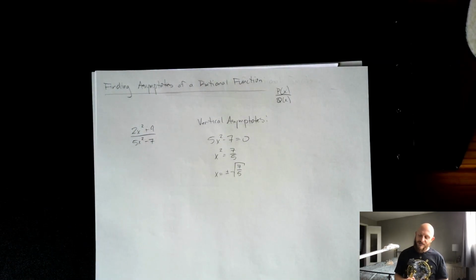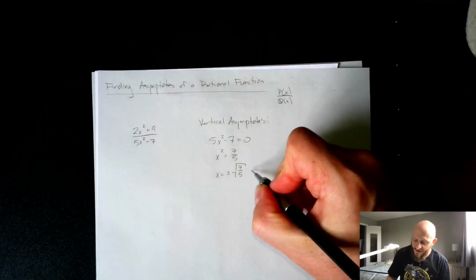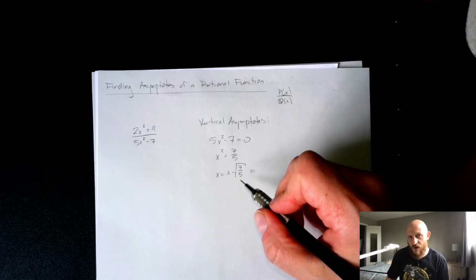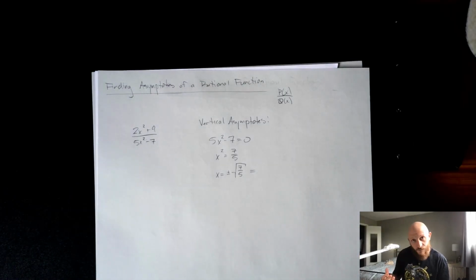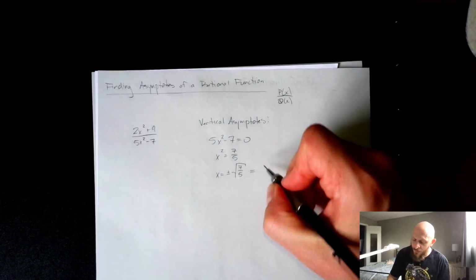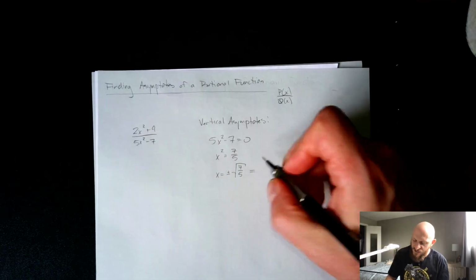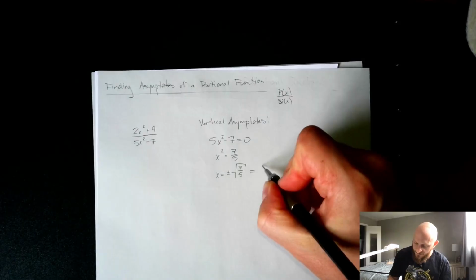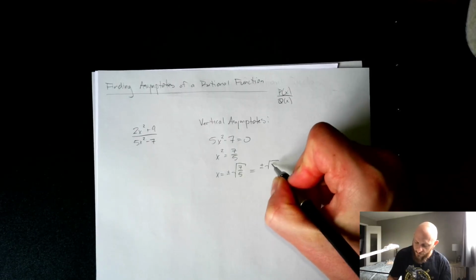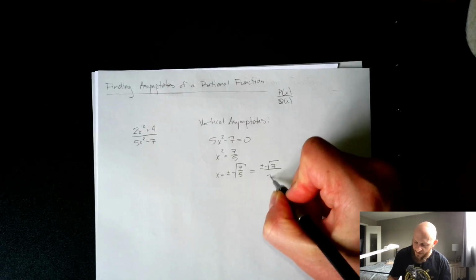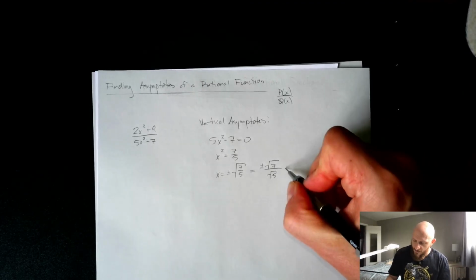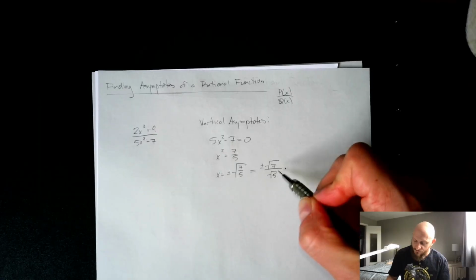Very frequently in college algebra, you would be asked to rationalize your answers. Rationalizing means if you have something where there's a square root in the denominator, you want to rewrite it so that there's not a square root in the denominator. And here we do have that, because when you're taking the square root of a fraction, you can break it up into the root of the top divided by the root of the bottom. So this is the same as plus or minus root 7 over root 5. I want to rationalize that because I have that root in the denominator.